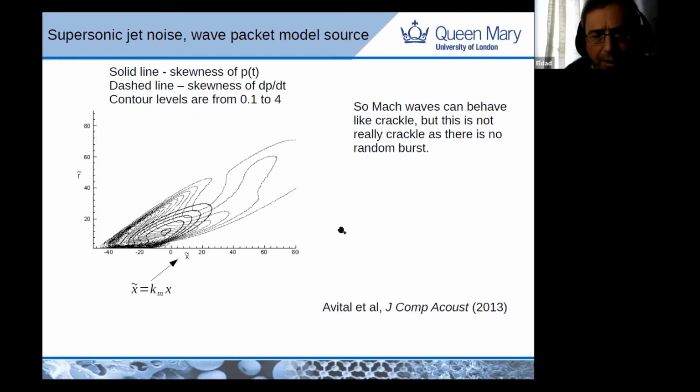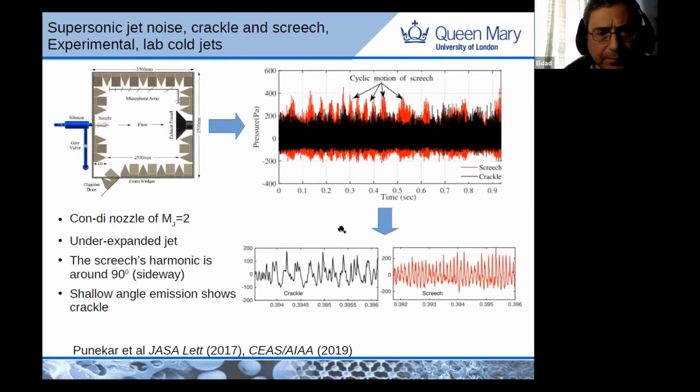So from there, we went into the lab and did some experiments. The experiments were at Mach number equal to 2. The nozzle was designed to be ideally expanded at Mach 2. And we looked at two components. We looked at the discrete tones, which were in the sideway, the harmonic.